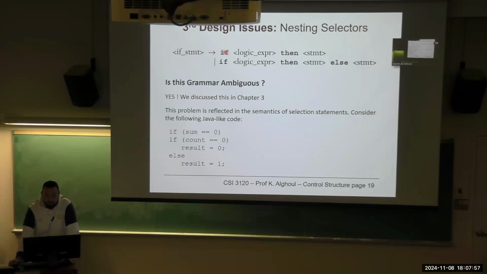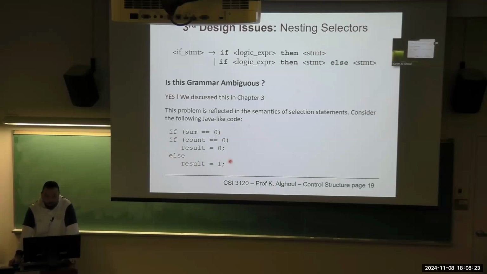This starts with if, and the other option starts with if. So I have two options. If I'm going randomly, let's say I chose the first one. Then this first sentence will be this if logic expression, but this whole thing will be the then statement.